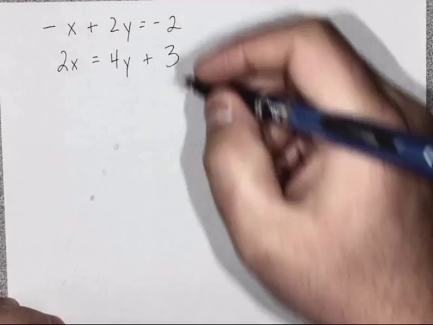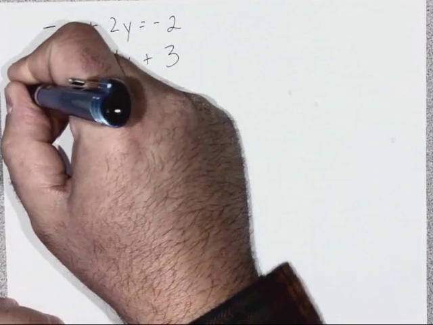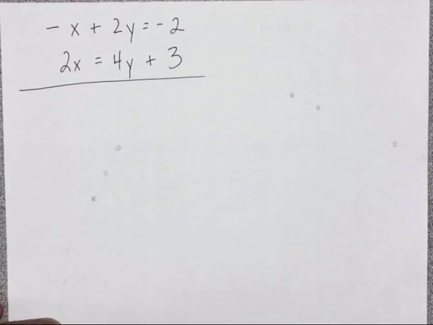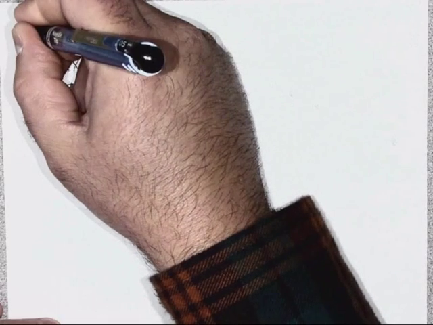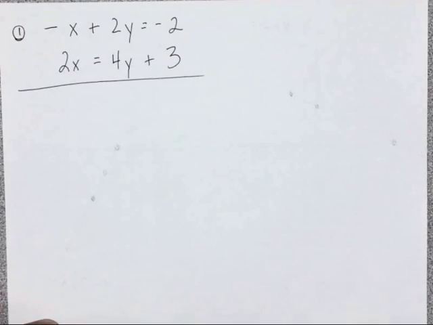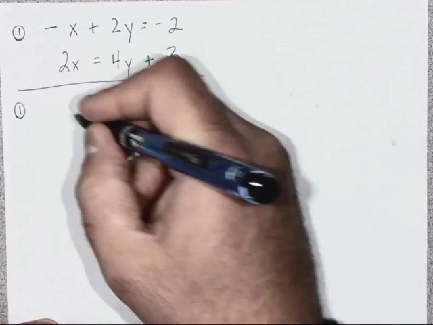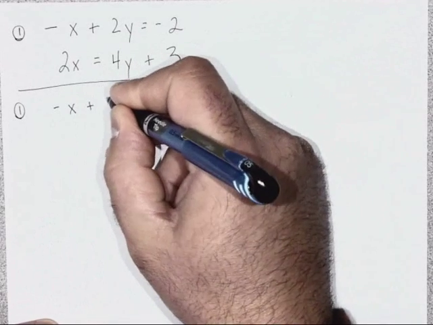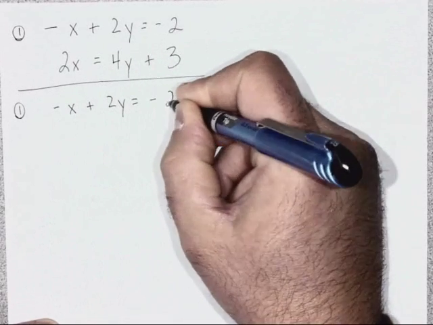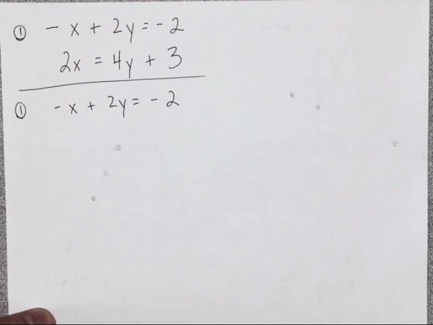So let's actually take a look at the first equation. We're going to label it equation 1. In equation 1, I want to solve for y, just like we did earlier, and put it into slope-intercept form.